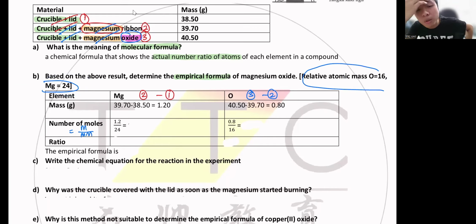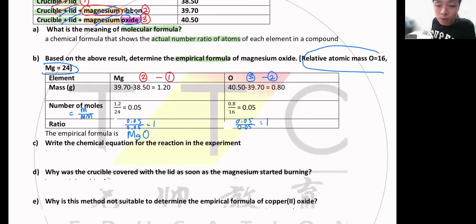Normally for MgO you get 1 to 1, because the number of mole is the same. Then you divide with the same number. Then the formula is MgO.